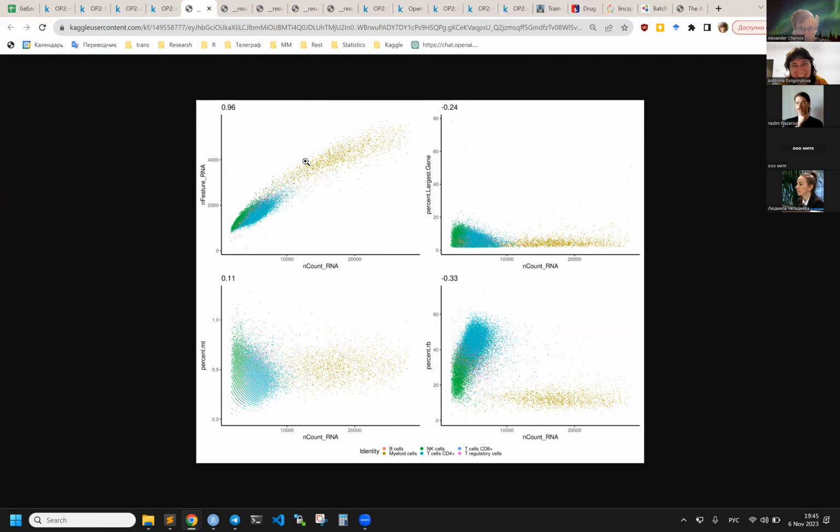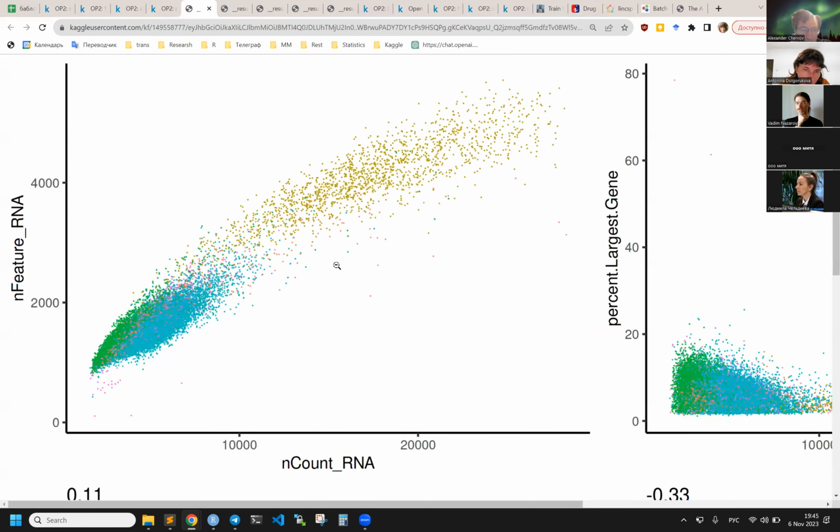And we see that these strange clusters come mostly from myeloid cells. But B cells, I don't see the red color here. Yeah, because there is a very low amount, maybe equally distributed in all plots.